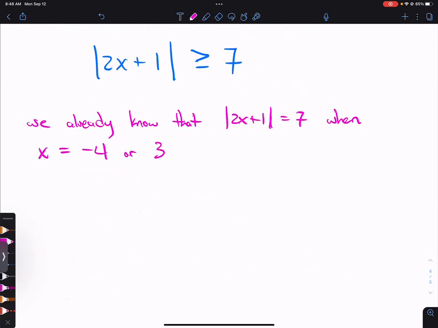To solve the inequality, think about the x-axis. We're trying to figure out when this is true. We just figured out that when we get to x equals -4 or x equals 3, those two things are equal at those points.